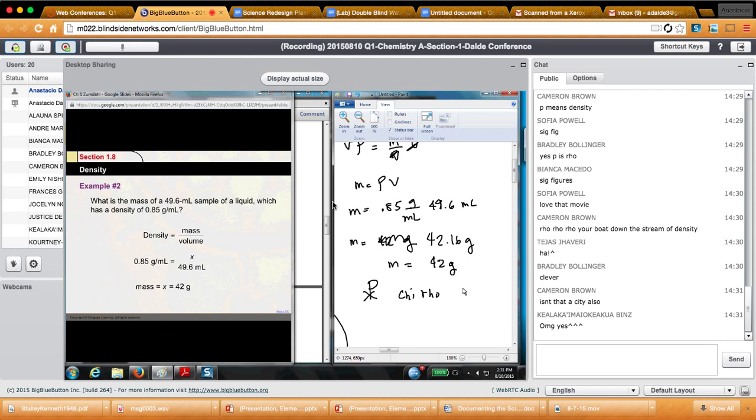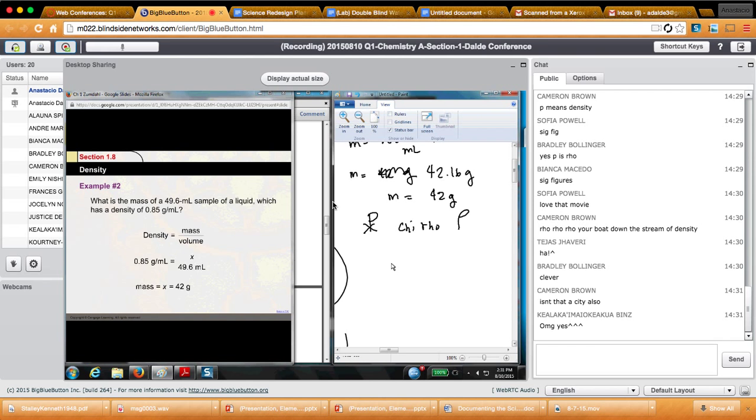This rho is actually a Greek letter that we use when we want to talk about the property of something, and density is one of the first properties you're introduced to in chemistry. Believe it or not, I see this rho pop up other times. I won't talk about it in this class, but later on in a higher level chemistry class, you'll talk about the efficiency of an object and its ability to conduct electricity.